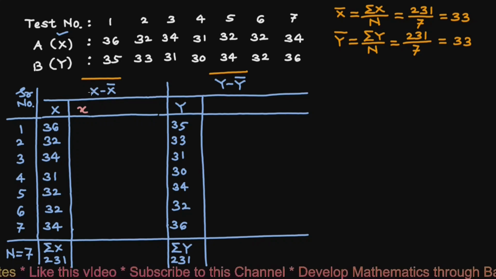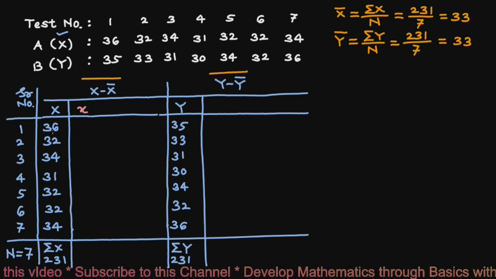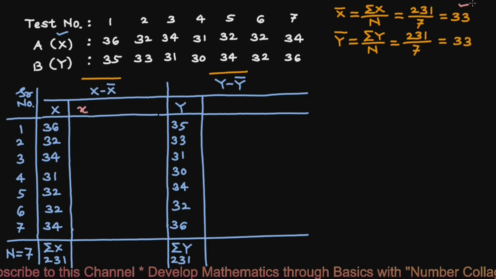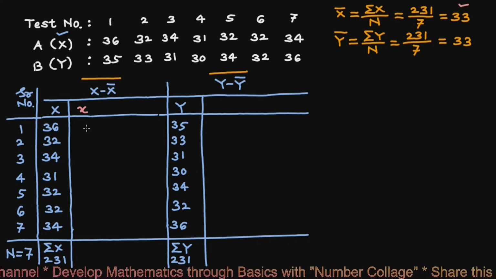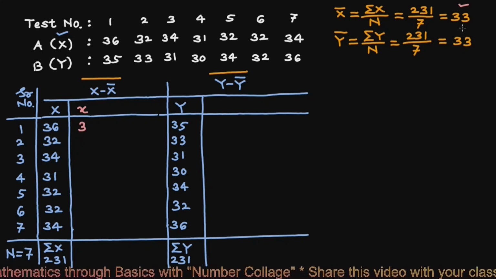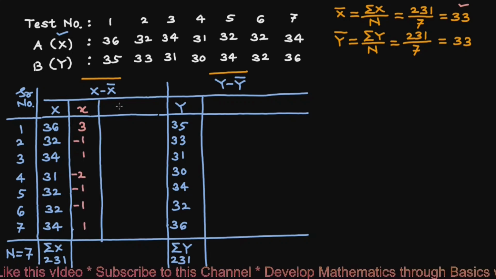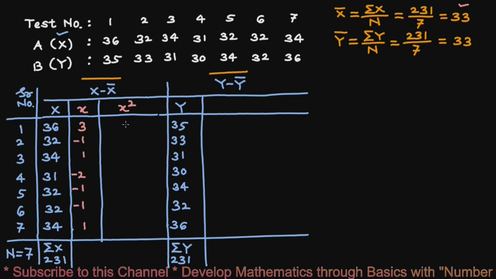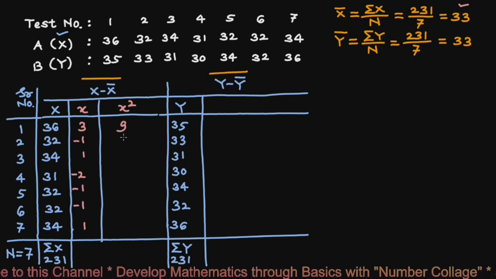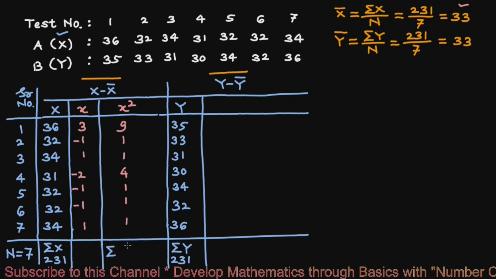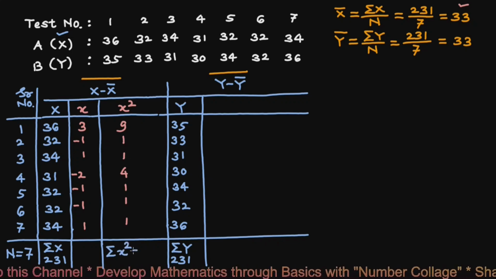So first x minus x bar, that is 36 minus 33, will be 3, then 32 minus 33 is minus 1, etc. Next we write x square: 3 square is 9, minus 1 square is 1, summation small x square will be 18.